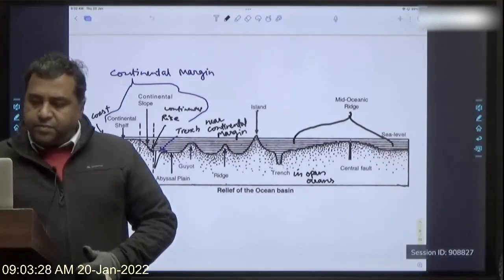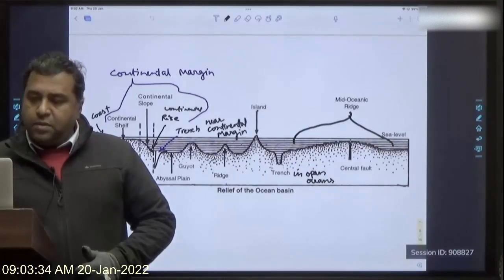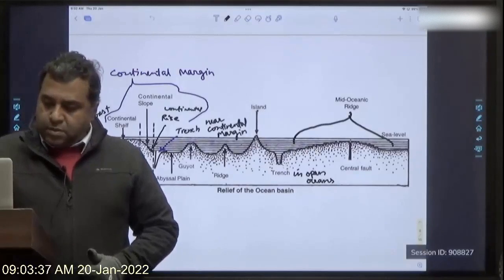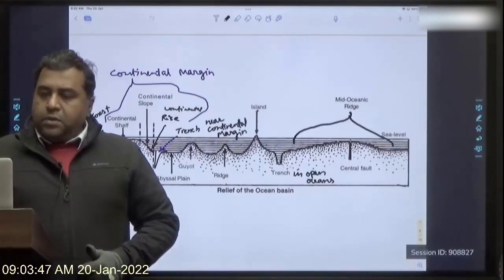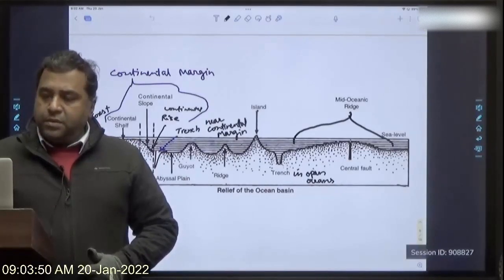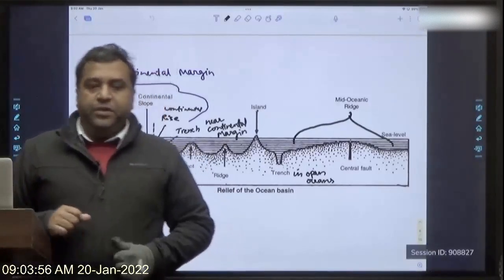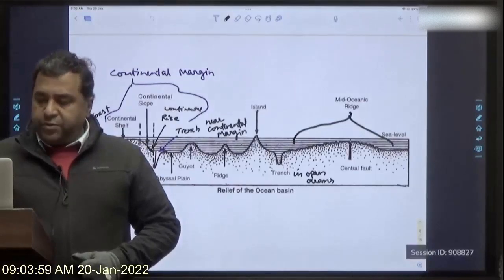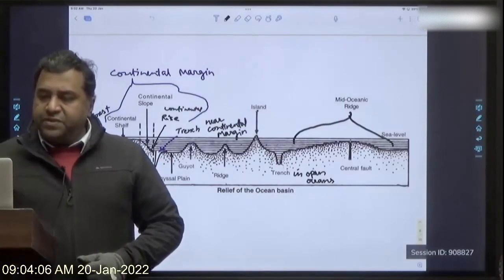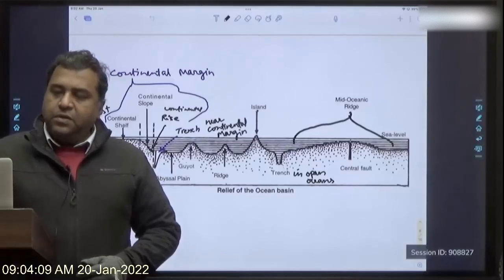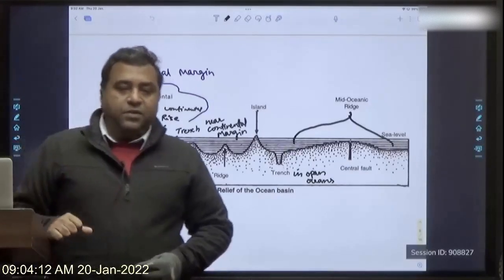But during the Second World War, when deep ocean floor studies were made, we came to know that on the ocean floor also there are a lot of features.